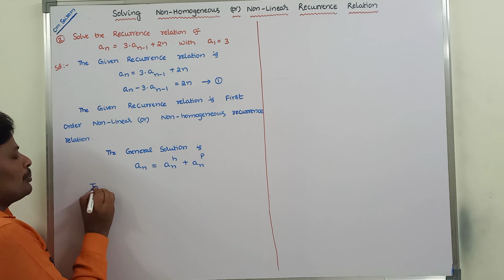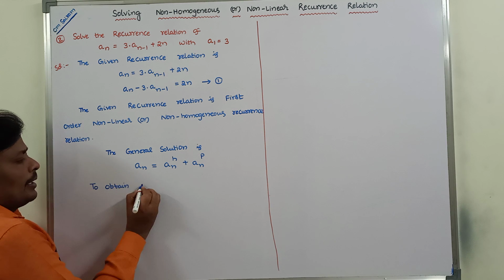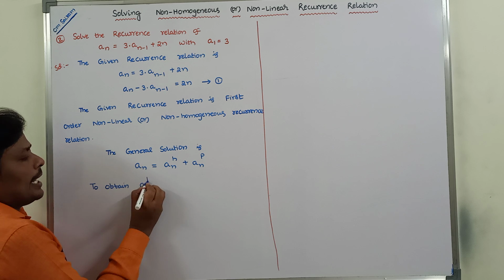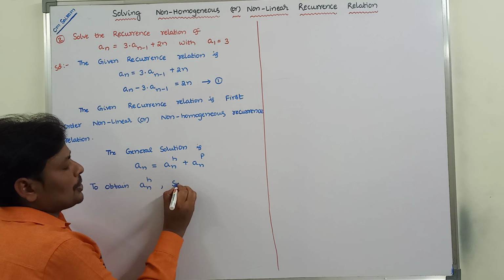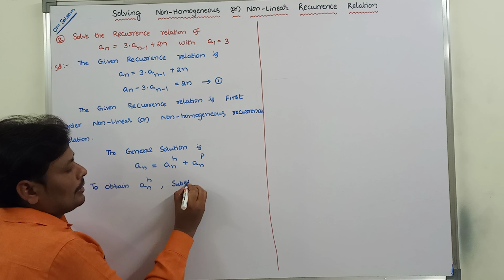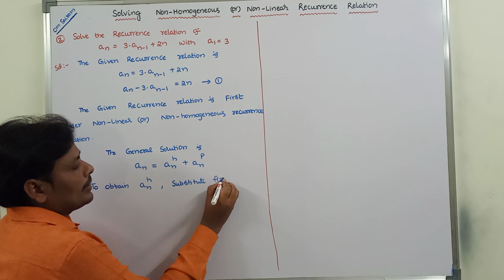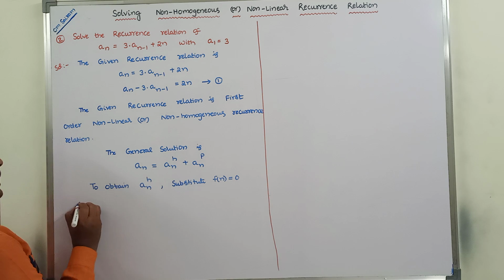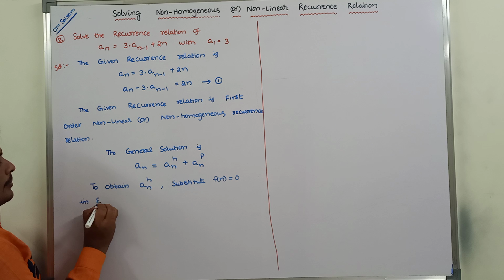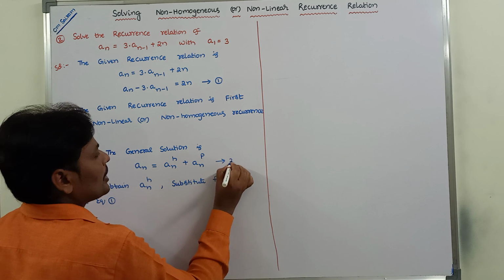To obtain a suffix n power h, substitute f of n is equal to 0 in equation 1. So this is equation 2.